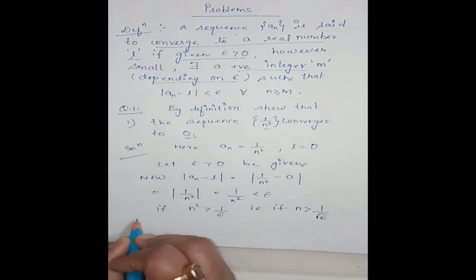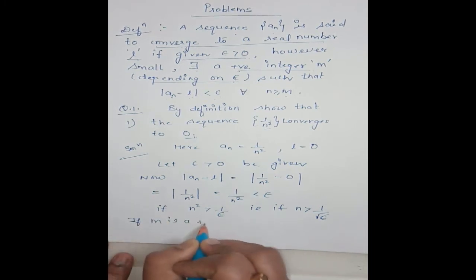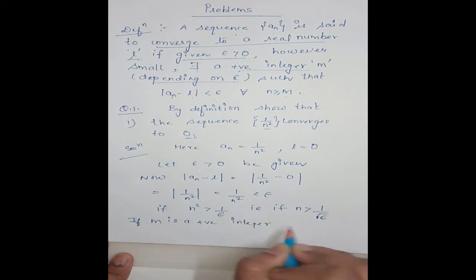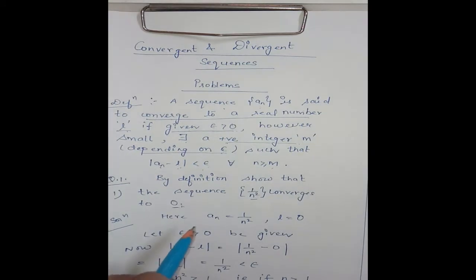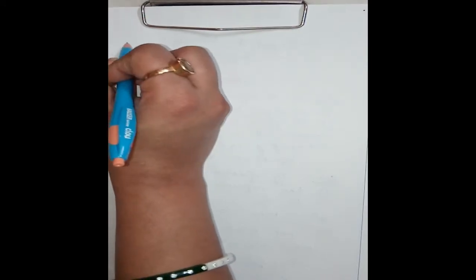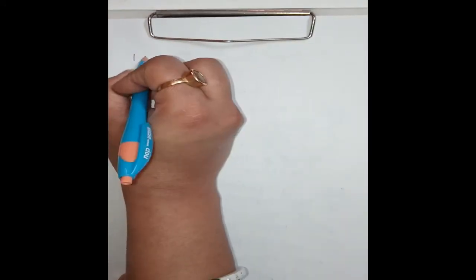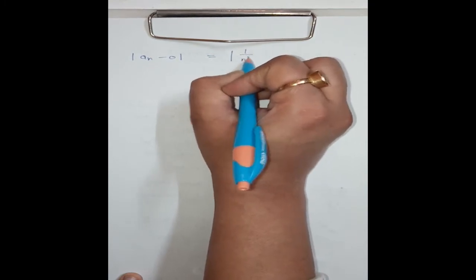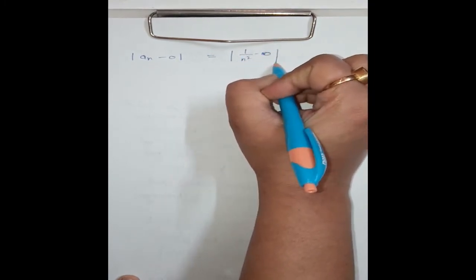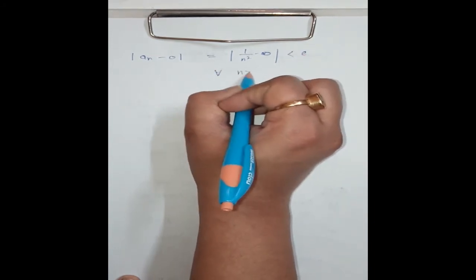Now, if m is a positive integer greater than 1/root epsilon, then we will have |a_n - 0| = |1/n^2 - 0| < epsilon for all n greater than or equal to m.